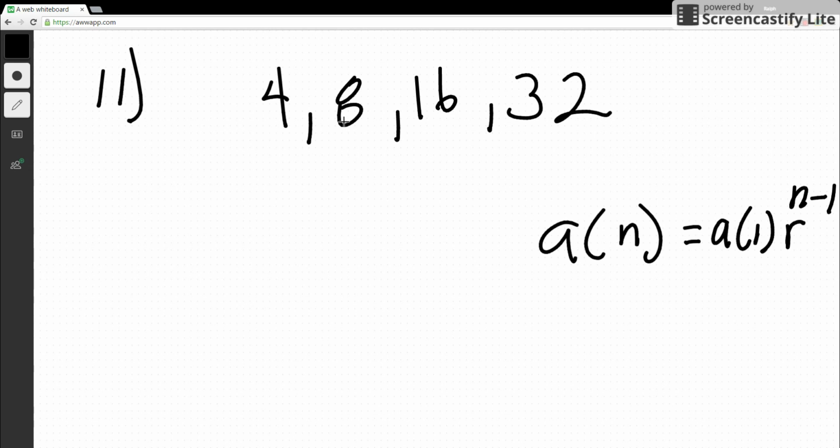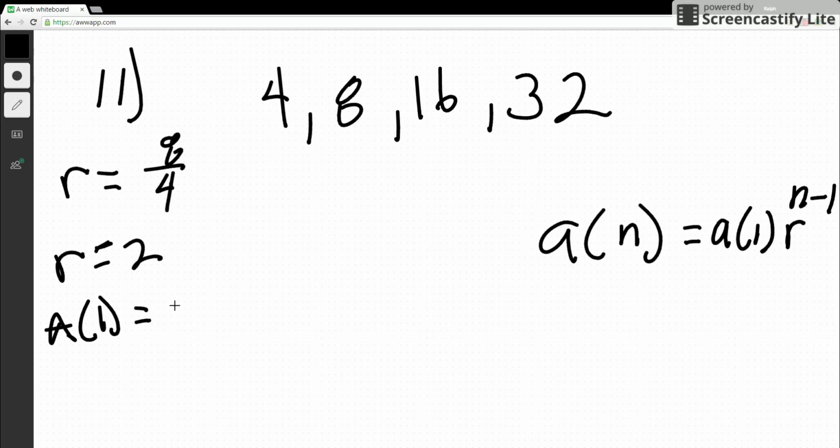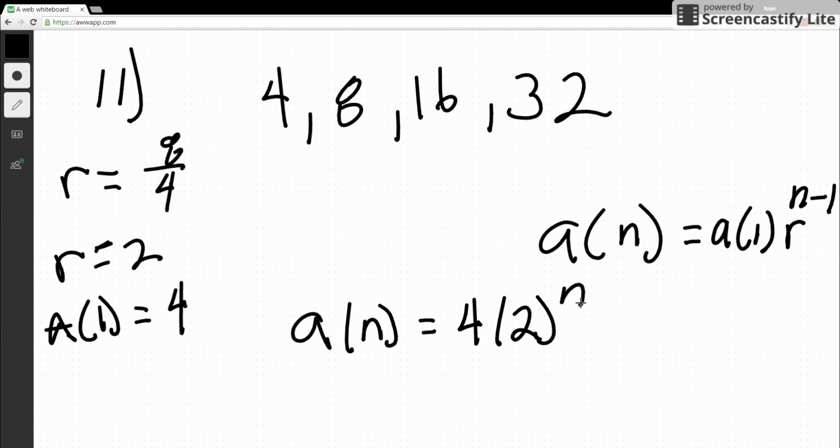You always take that by doing a of 2 over a of 1, the right one over the left one. So r is equal to 8 over 4, r is equal to 2. I need to know my first term, which is a of 1. That's a 4. So the explicit formula is a of n equals 4 times, I like to put the r in parentheses, 2 to the n minus 1.